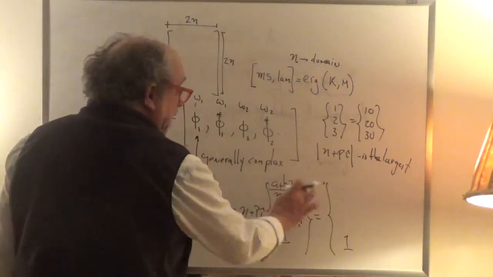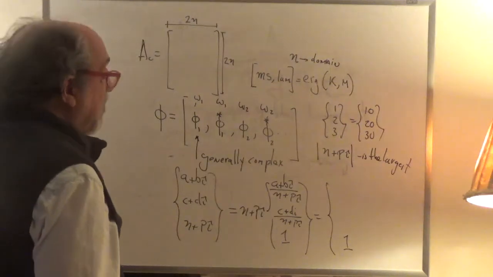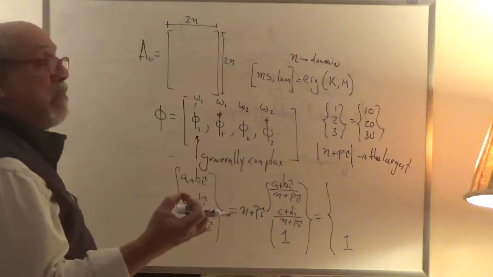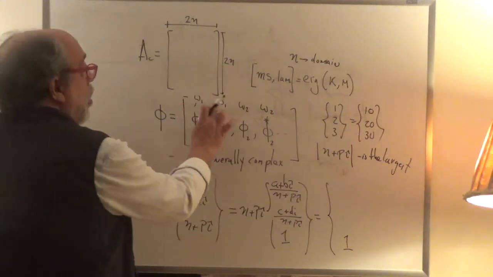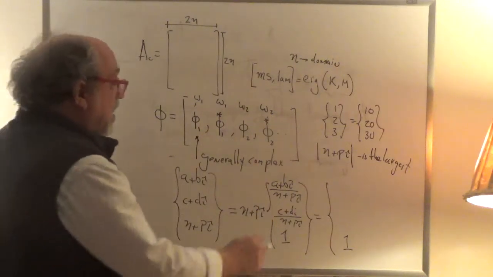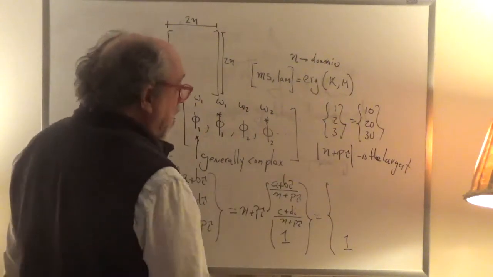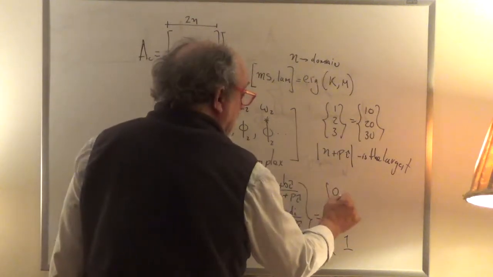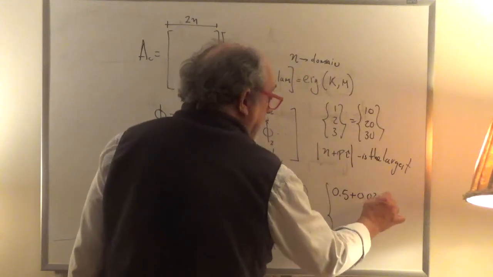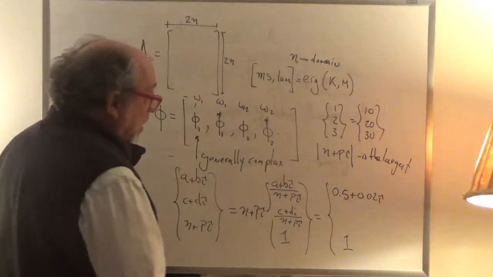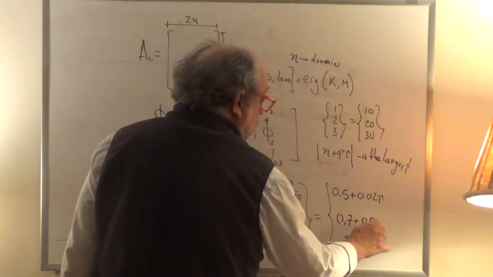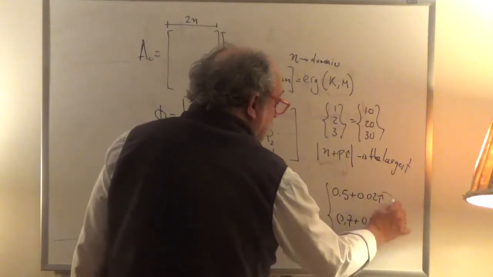Now this is another complex number, but if the structure doesn't have very closely spaced modes, that is, if the frequencies omega 1, omega 2 and so on are not very close, then these numbers will be essentially real. So this might be something like 0.5 plus 0.02i. I'm just making it up, right? This could be 0.7 plus 0.031i, for example, right?